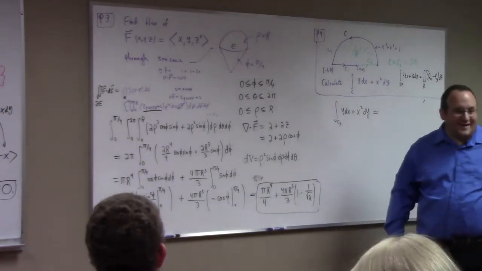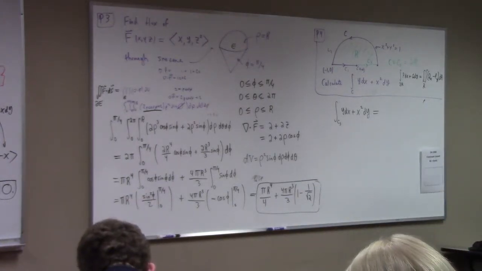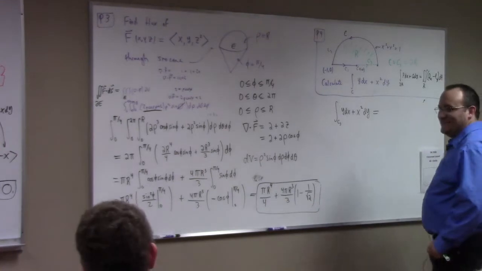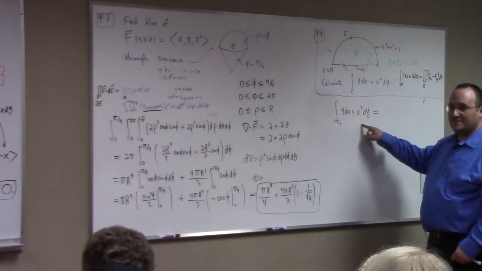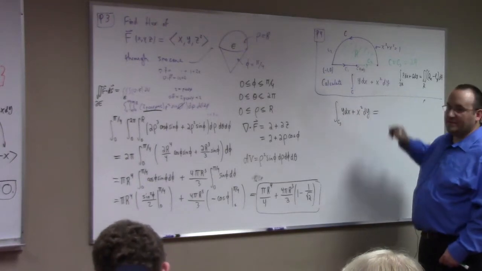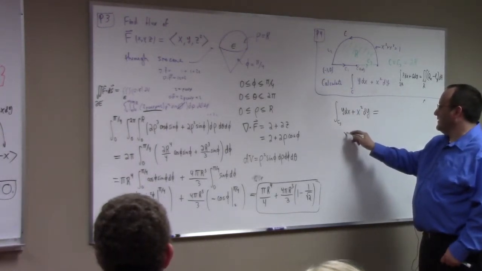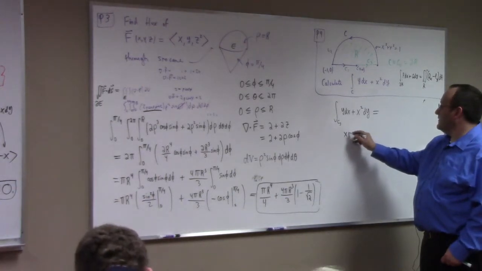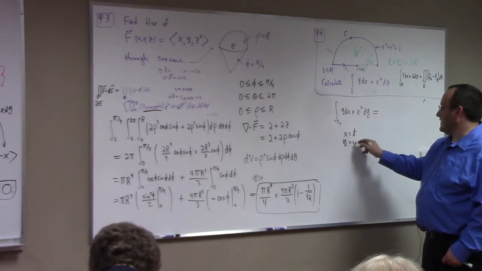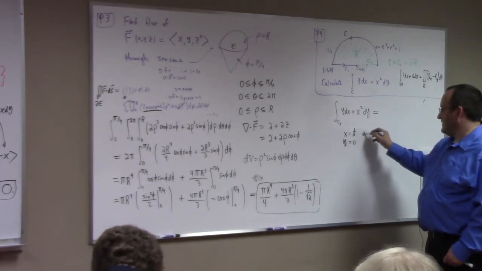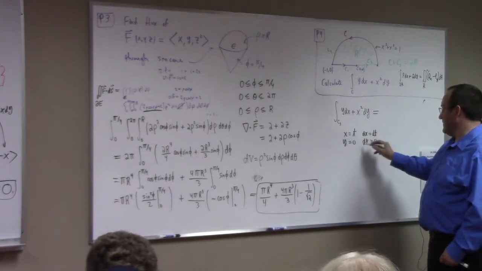Oh, I shouldn't have erased that because it was actually relevant. We're about to see why it wasn't wrong that I erased it. C3 has x equals t, y equals 0. So dx is dt, dy is equal to 0.